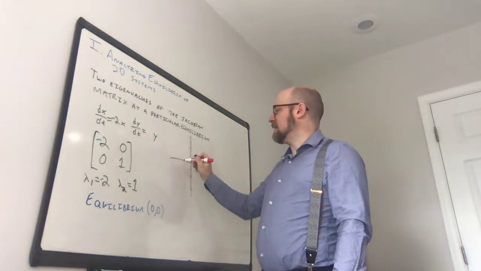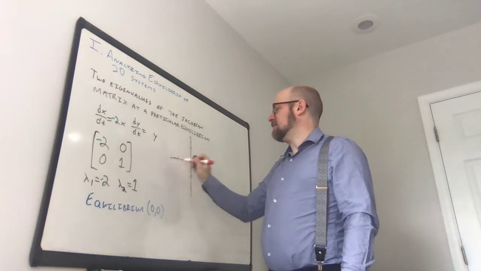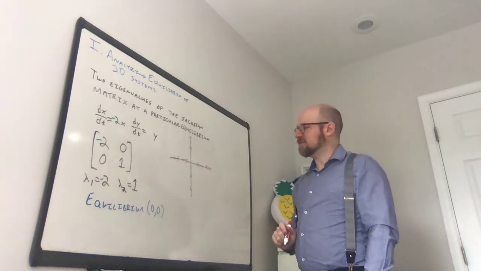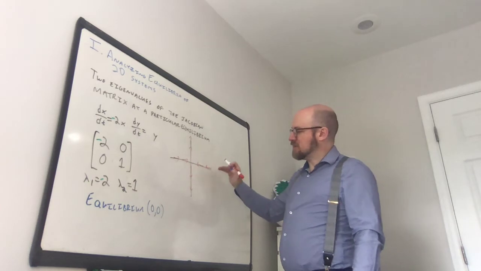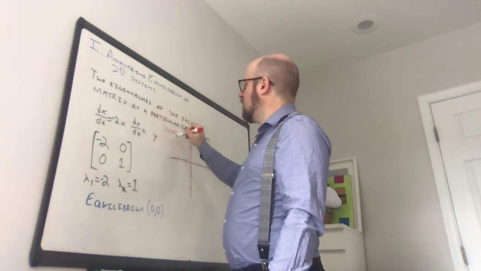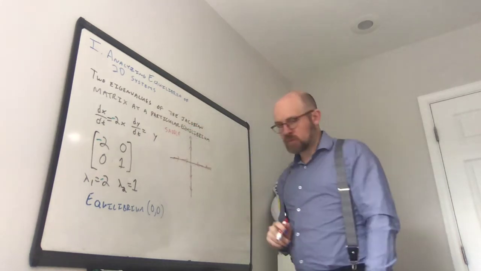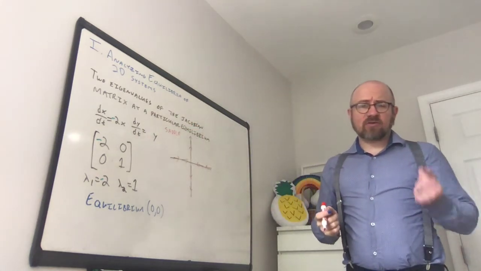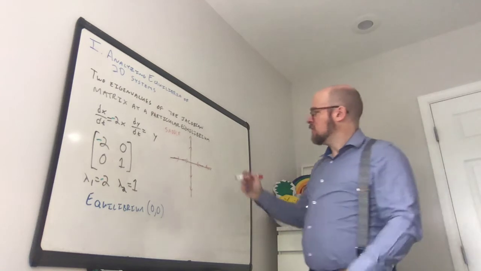When x is negative, dx dt is positive, and it increases in. And so we get this situation. This we talked about last class. This is called a saddle. So when one eigenvalue is negative and the other one is positive, we get a saddle.